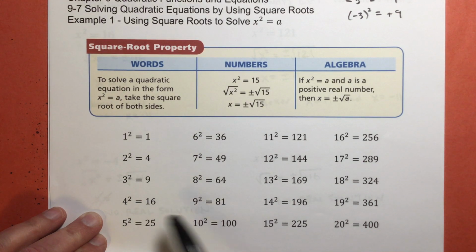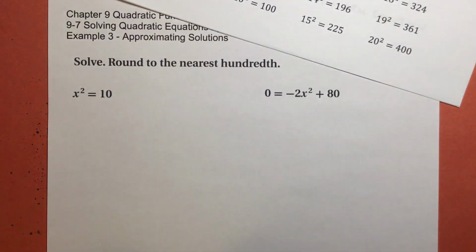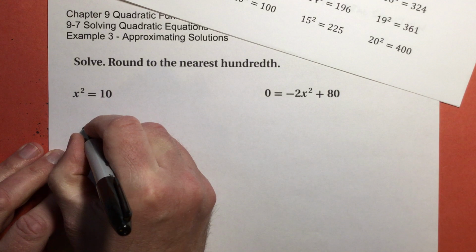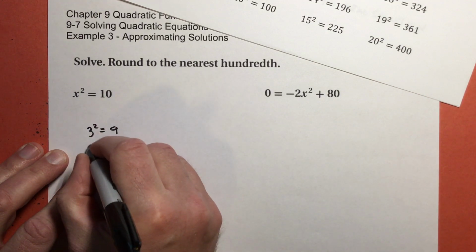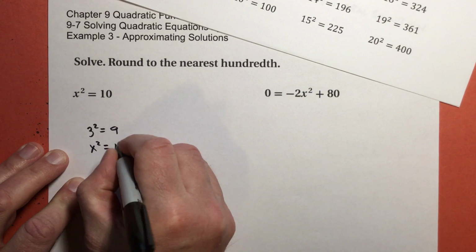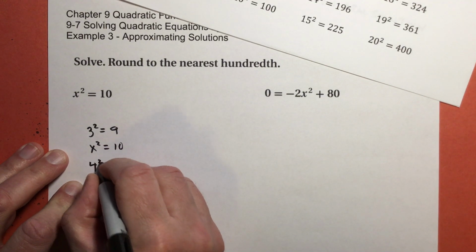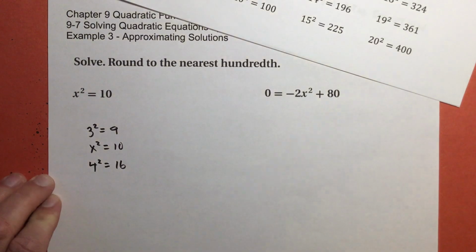Wait a second. X to the second power equals 10 is going to be between 3 to the second power equals 9 and 4 to the second power equals 16.